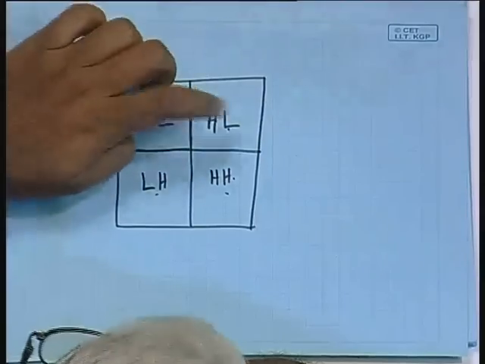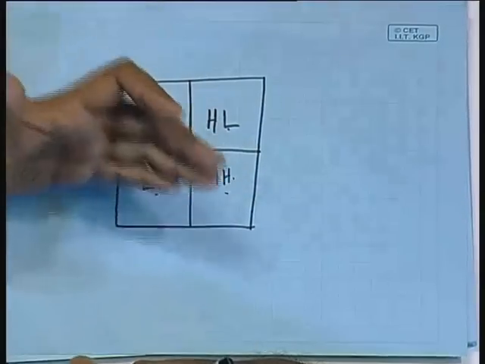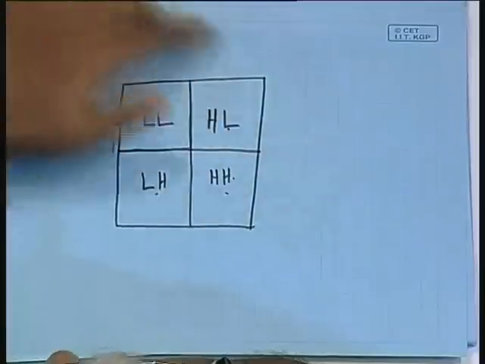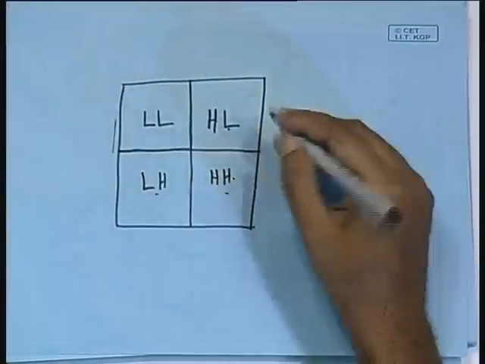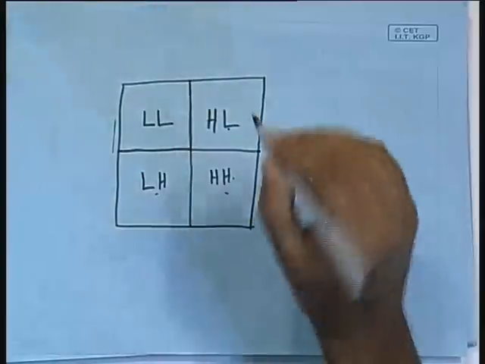Okay. We can take up the LL subband, we can take up the HL, LH or HH, any of these 4 subbands we can pick up, okay, and we can do a similar sub partitioning, like the way we did for the original signal. So, original signal partitioning we got these 4. Now, let us say that we take up this HL subband.